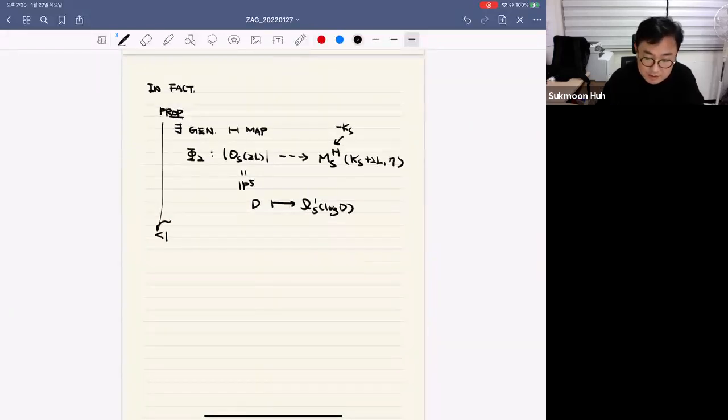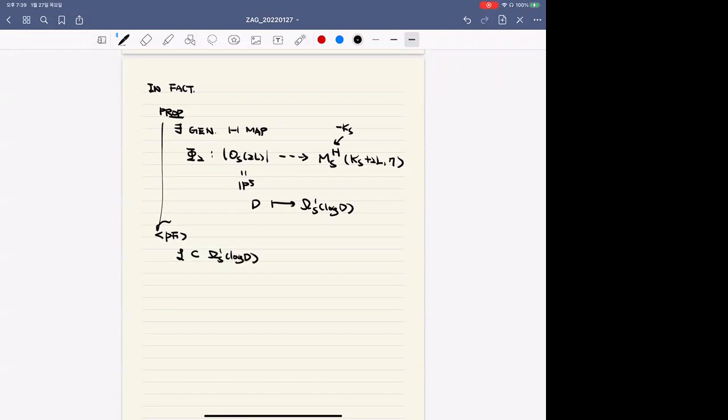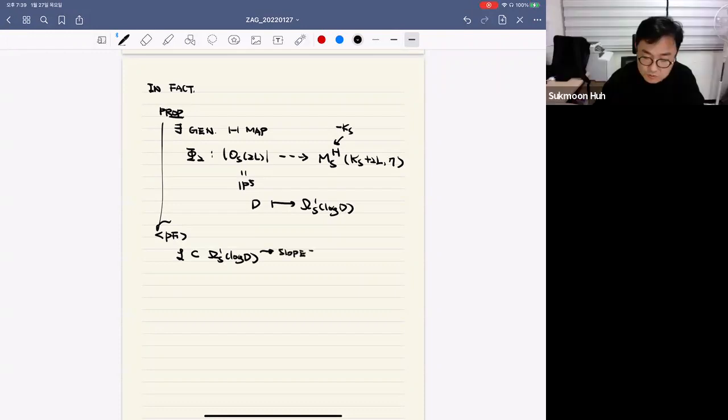And in fact, the idea heavily depends on our key lemma about the restriction of the logarithmic bundle or tangent bundle to the curves. So if you assume the existence of a sub-bundle of the log D, then the slope with respect to our polarization of this bundle is 3/2, right?